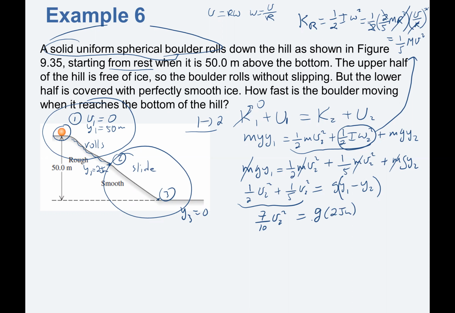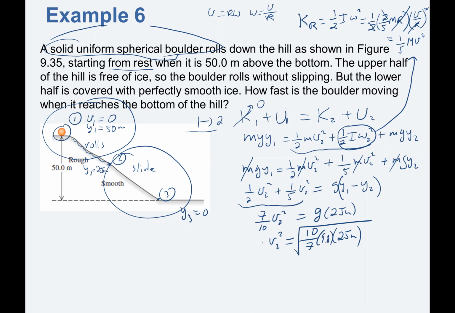Then just solve for v2. So v2 squared equals 10/7 times g times 25 meters. But g is just 9.8.